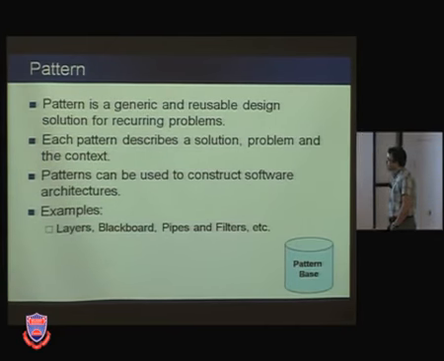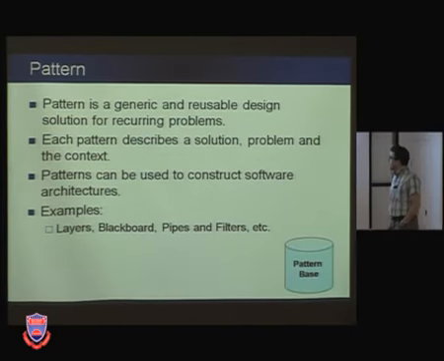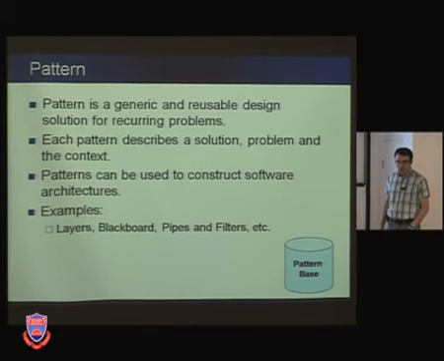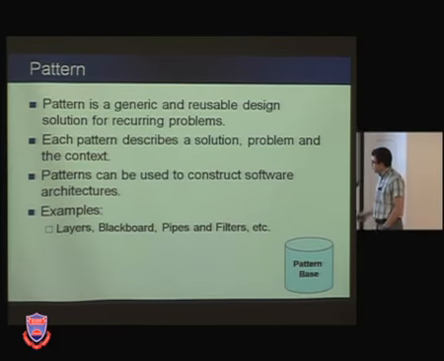What's a pattern? It's a generic and reusable design solution for recurring problems. Perhaps you have seen the notion of object-oriented design patterns in 319, object-oriented design. Each pattern describes the problem, the solution and the context.